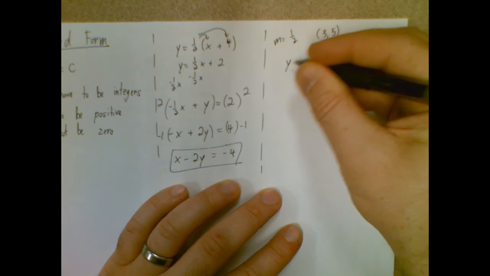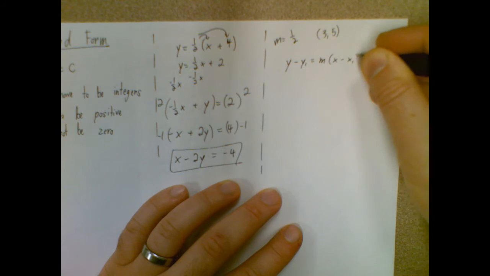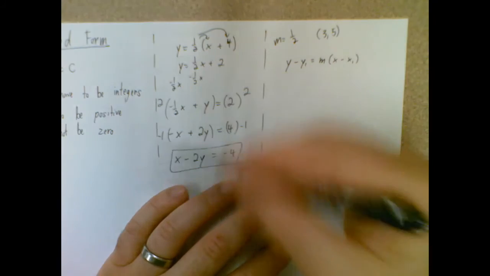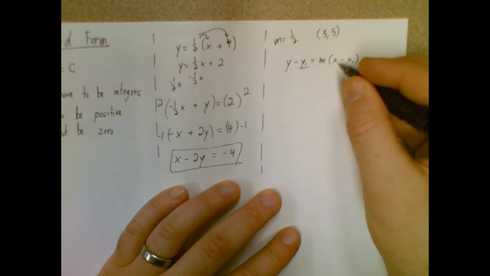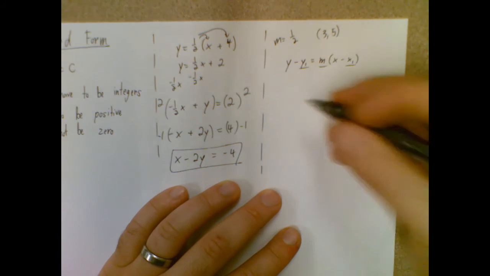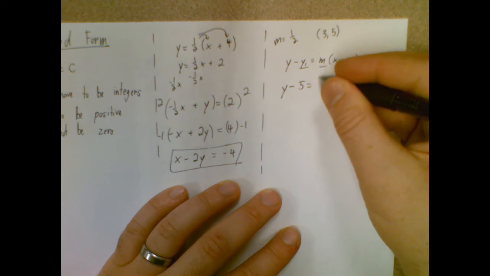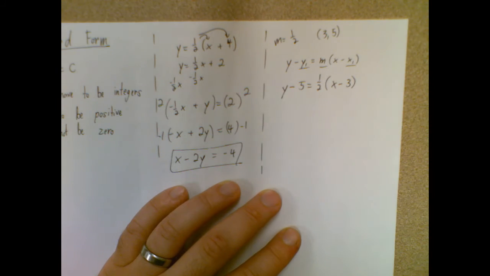So let's use our point-slope form, y minus y1 equals m times (x minus x1), and start plugging things in. So I'm going to plug in for x1, y1, and m. The y coordinate is 5, my m is 1/2, my x coordinate was 3.